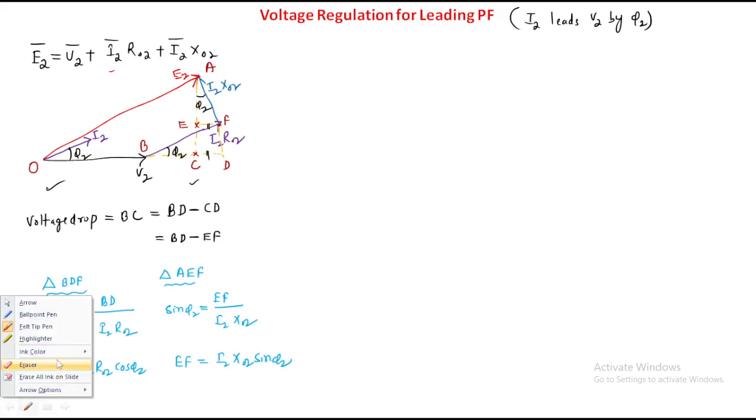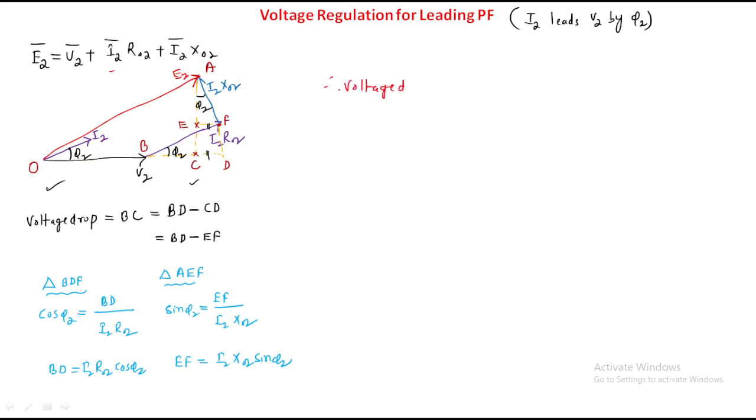Therefore voltage drop during leading power factor is nothing but what? Voltage drop, that is E2 minus V2, is equal to, in place of BD you have to write I2 R02 cos phi 2, now it is minus I2 X02 sin phi 2.